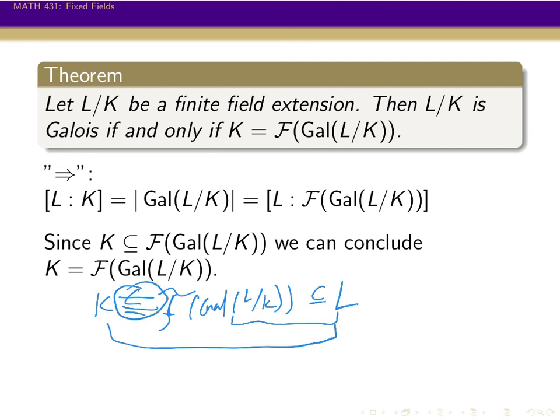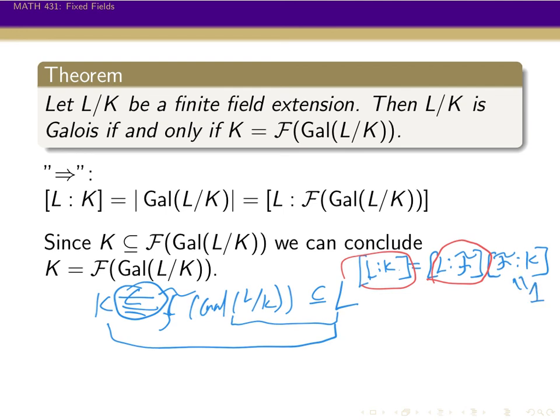This is a simple fact coming from the Tower law, because we'll have the degree of L over K equal to the degree of L over the fixed field, which I'm just going to shorten to F, times the degree of F over K. But since these two are equal, by the Tower law that extension must have degree 1, and any degree 1 extension just means that they're equal to each other.